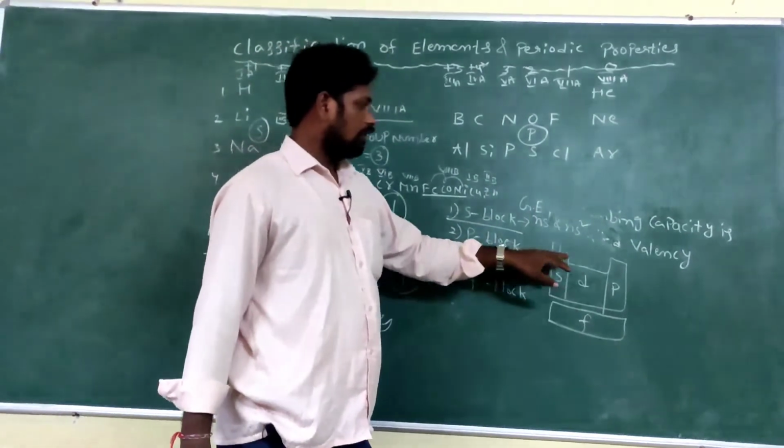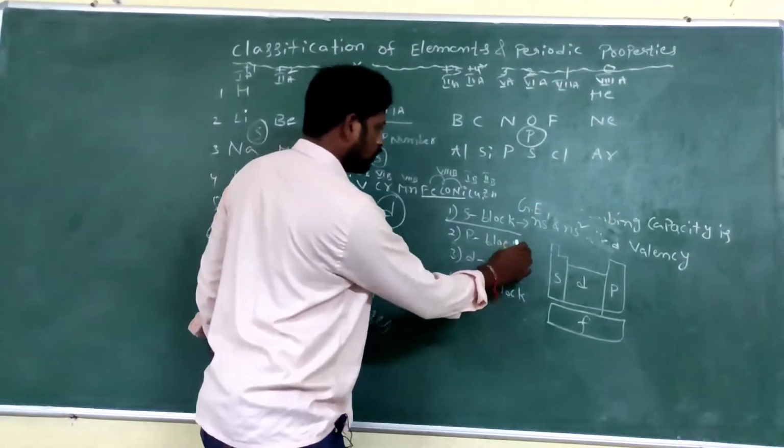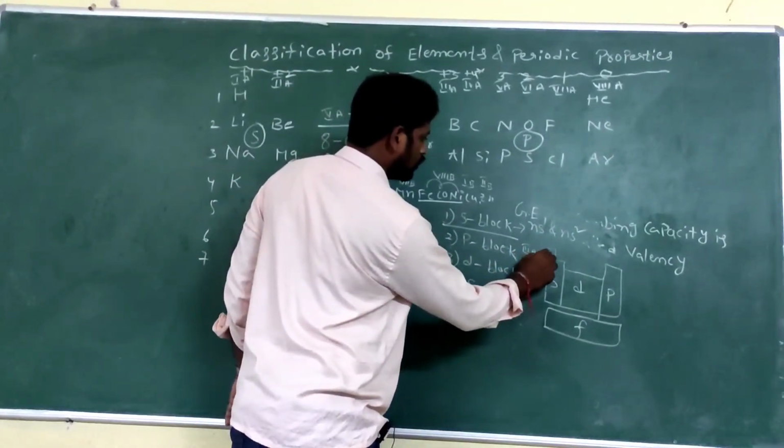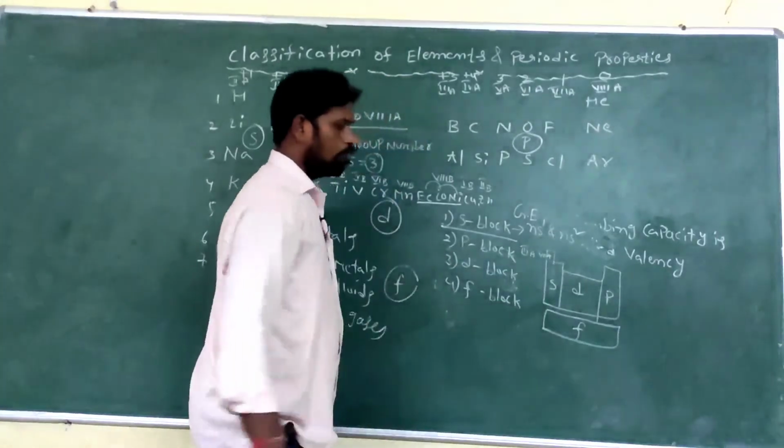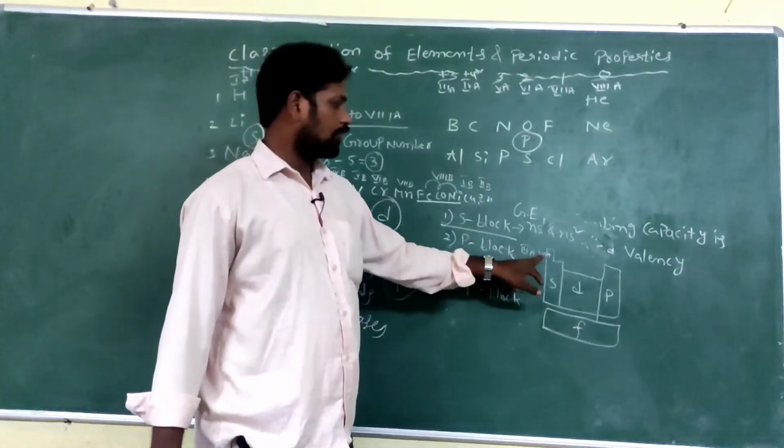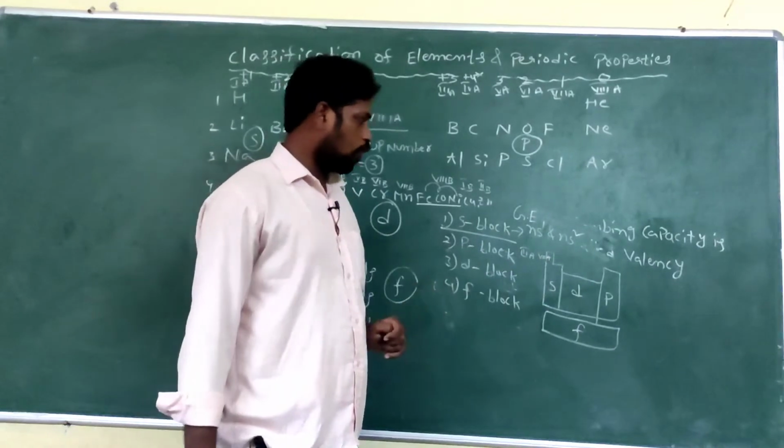In the P block, the 3rd A to 7th A group elements are called P block elements.